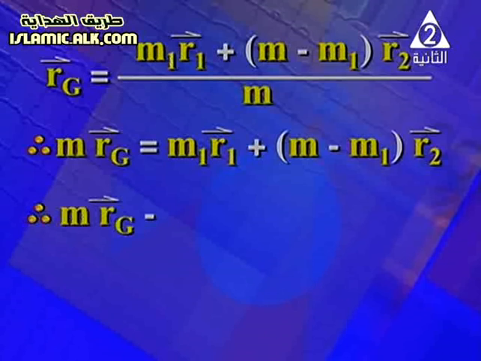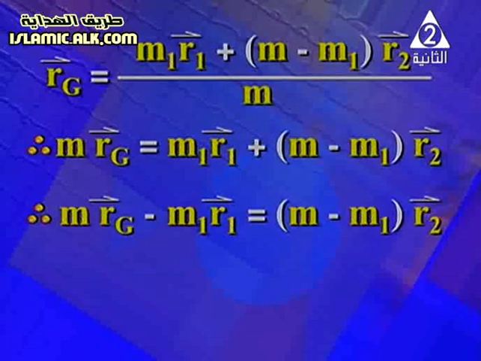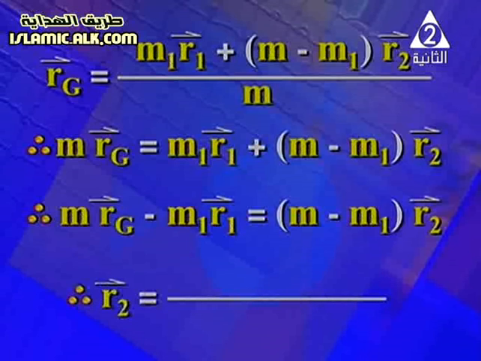Then m rg minus m1 r1 equals (m minus m1) times R2. What is the R2 vector? The position vector of the remaining body. Excellent student.